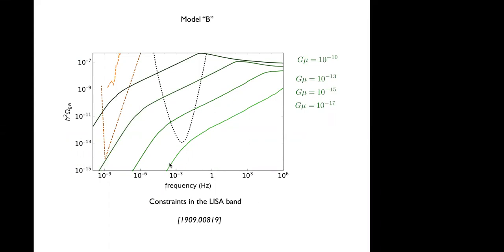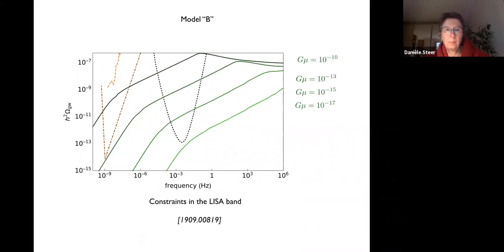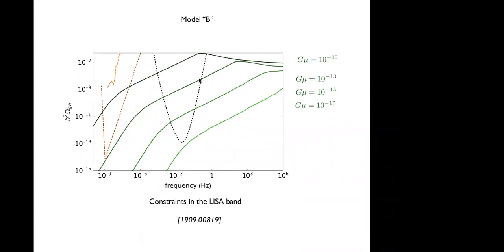Mm-hmm. So within LISA, if you're not considering other possible inflationary signals, you should be able to distinguish between model B and A. Because of the slope, you're saying, right? By the slope, yeah. Okay, yes, if G mu is big enough. Thank you, Germano.